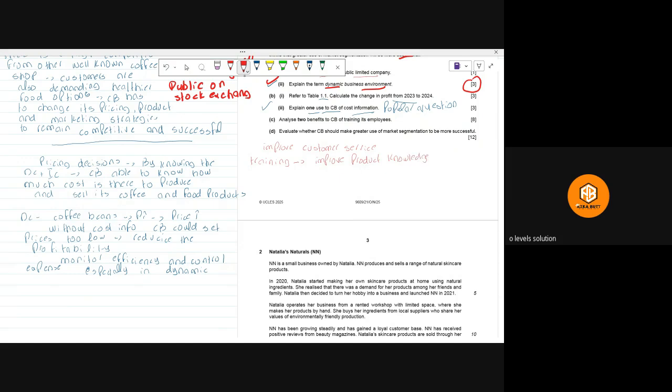And when the product knowledge improves, and a plus, if the training is there, their communication skills will improve as well. And when the communication skills improve, they will have a high ability to respond to the customer needs.